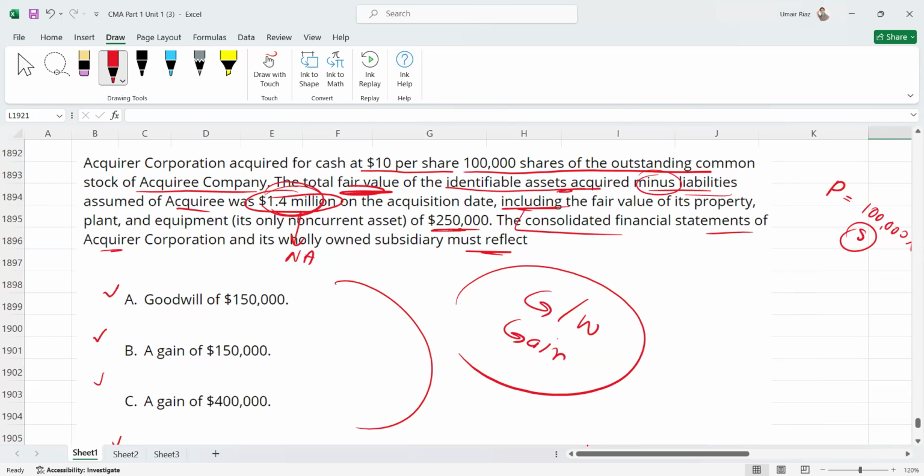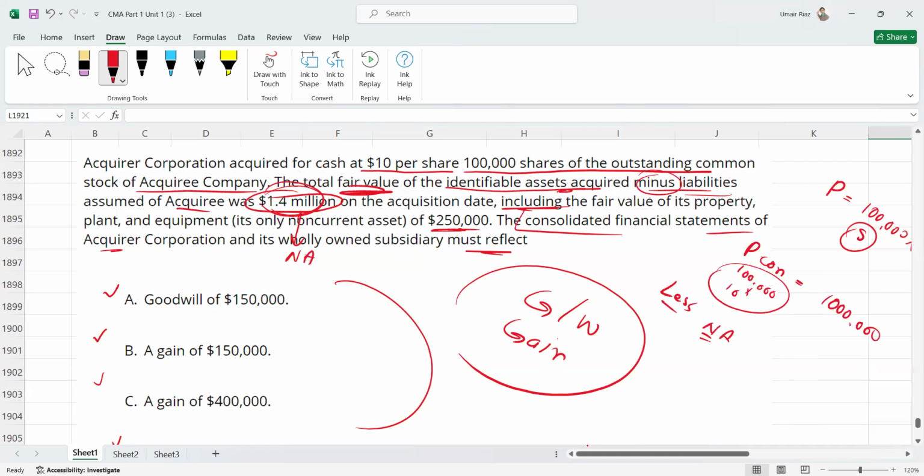How would you calculate, guys? Simply, we take the purchase consideration, which is 1 million, as we acquired 100,000 shares and paid $10 for each. There is no information about NCI, so ignore it. Then we deduct the net assets value.